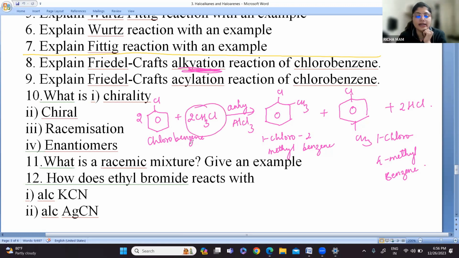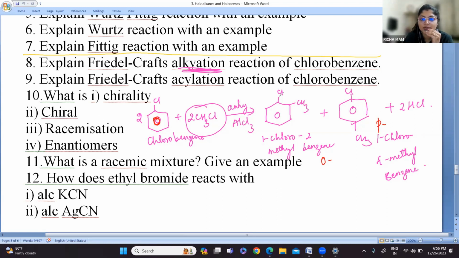So I'll give the statement: chlorobenzene reacts with methyl chloride in the presence of anhydrous AlCl3, that is aluminium chloride, to form ortho and para products. This is the ortho product, this is the para product.